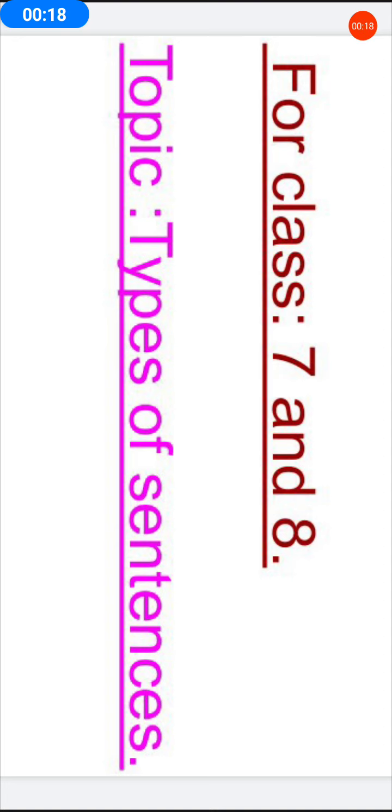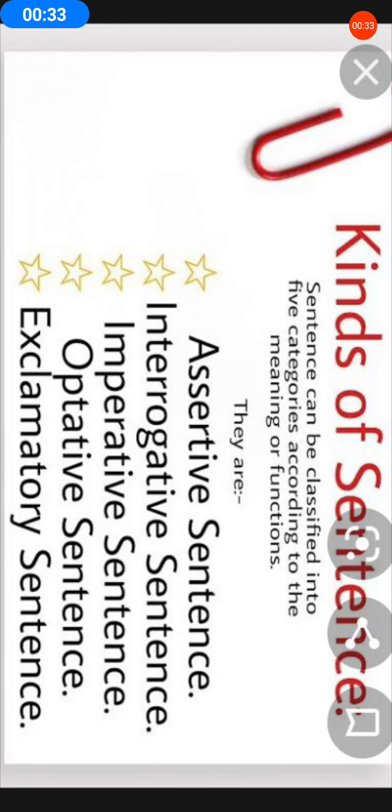Today's topic is types of sentences. As you know, we have studied in a previous class what a sentence is and the features of a sentence. Now let us move to the next concept related to the sentence, that is types of sentences. Look at this.